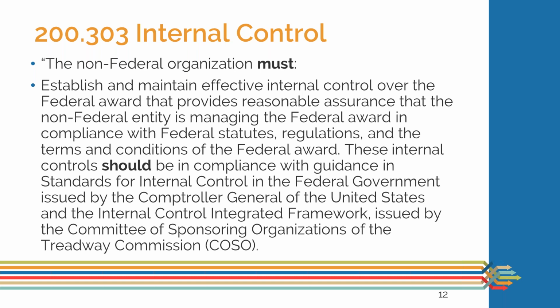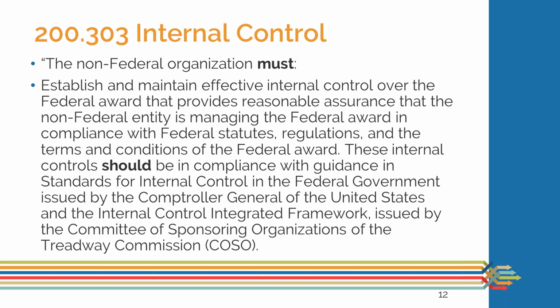Now, how do we develop those internal controls to assure that we're in compliance with the federal statutes? We would go down to the other part in this section that says that these internal controls should be in compliance with the guidance standards of internal control. That's the document normally termed the Green Book. And that gives you the guidance on how to provide internal control within your organization so that you're in compliance with all the federal guidelines, statutes, and other things.